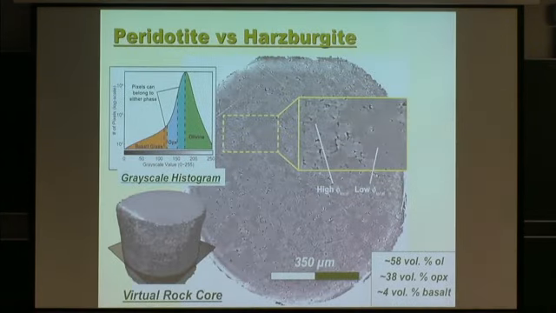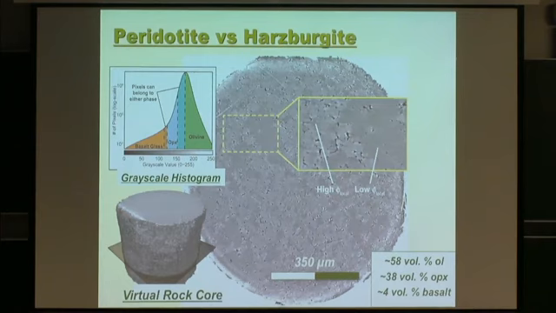All right, so the next set of experiments started with a simple system, olivine plus basalt. But as Dave has nicely introduced, the mantle is much more complex, with a lot of heterogeneities.